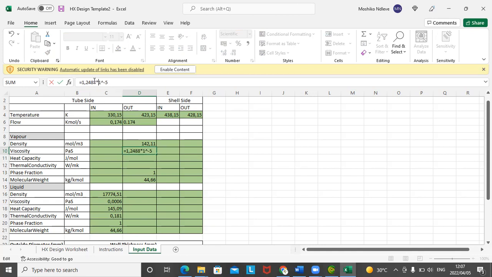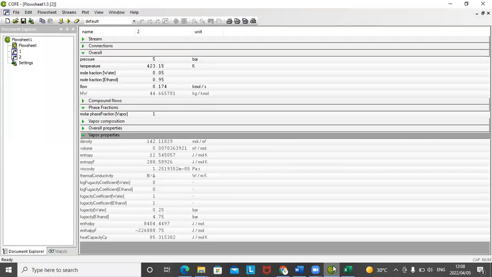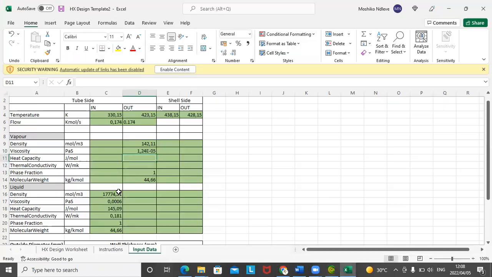Oh, I see. 1.24 times 10 to the negative 5. So it should give us the same value, yes. And then our heat capacity, CP is 85.315.